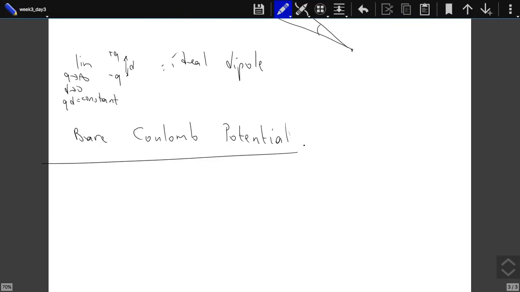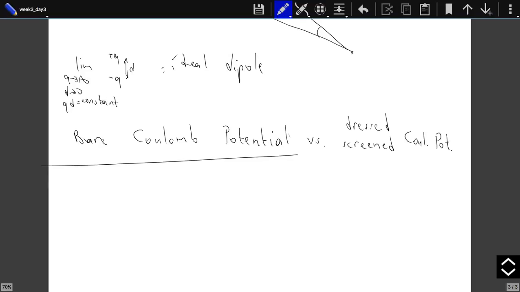Well, sometimes you will see that it's called dressed or screened Coulomb potential. Now, this was discussed in the atomic case. Plus charge is screened by minus charge, say electrons.